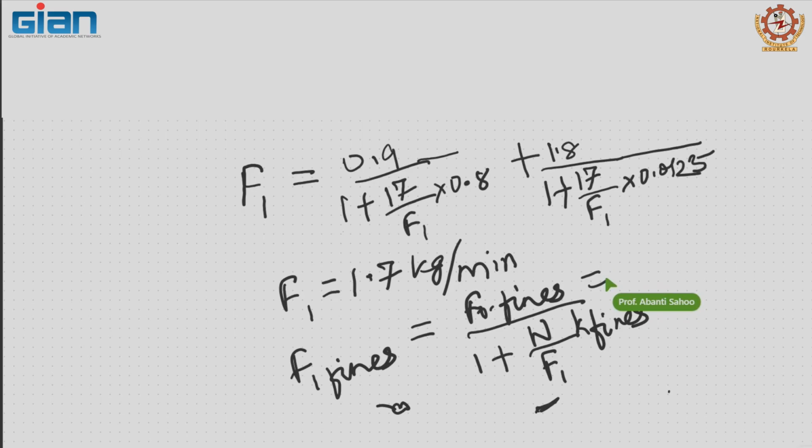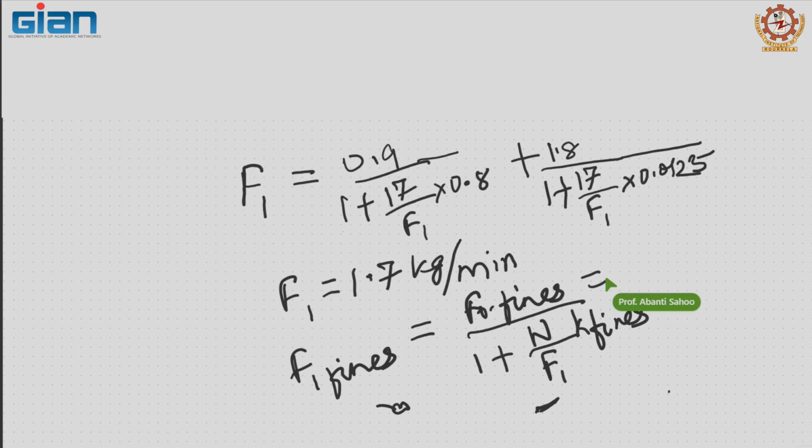So, here we substitute F1, which is 1.7 that we got, into this equation. F1 here is the total F1 for both the sizes.